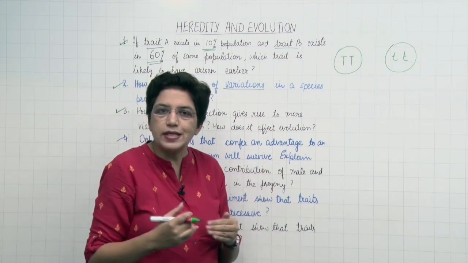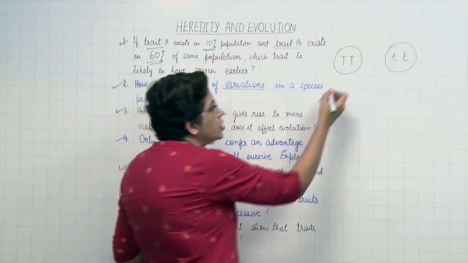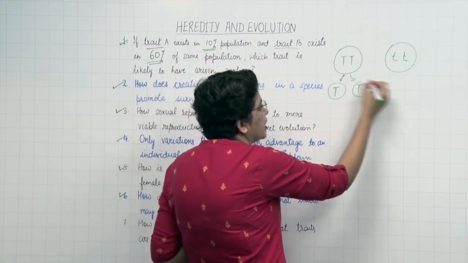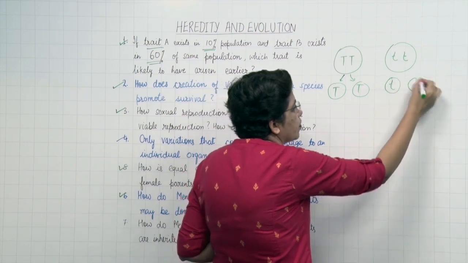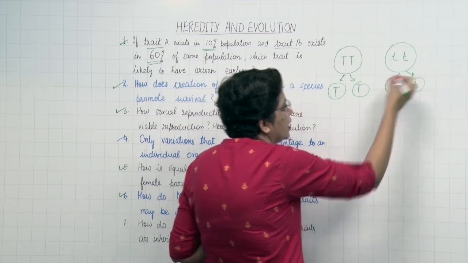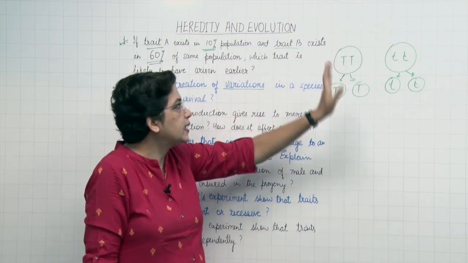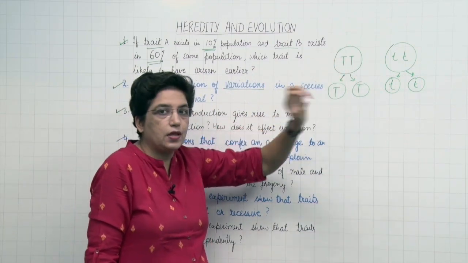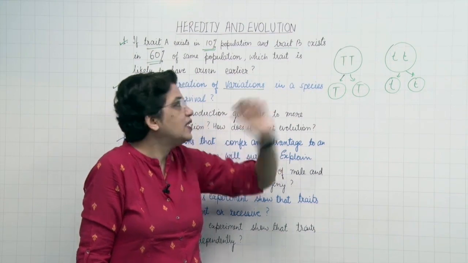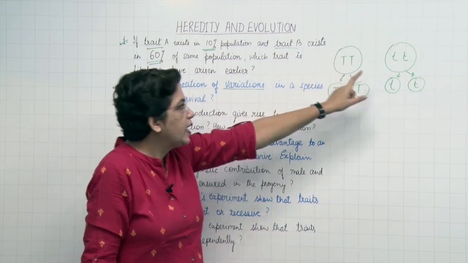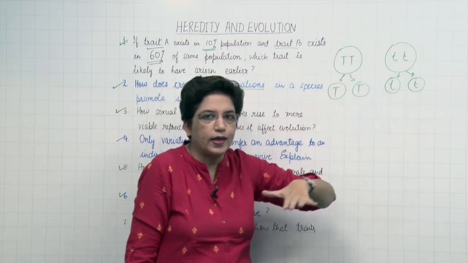Now first of all, the first step is gamete formation. So in this case, both the gametes will contain capital T. In this case, both the gametes will contain the smaller t. If the parent cell contains both the capital genes, I mean it is only symbolic although, then it is called a pure tall plant and this is called a pure dwarf plant.